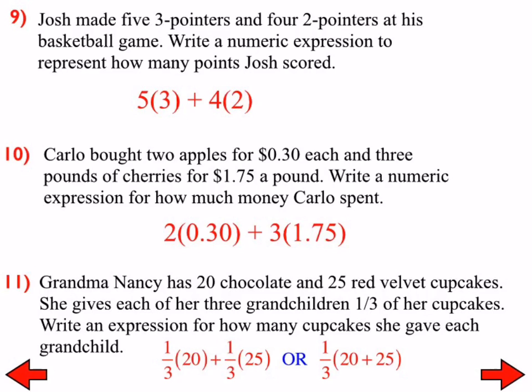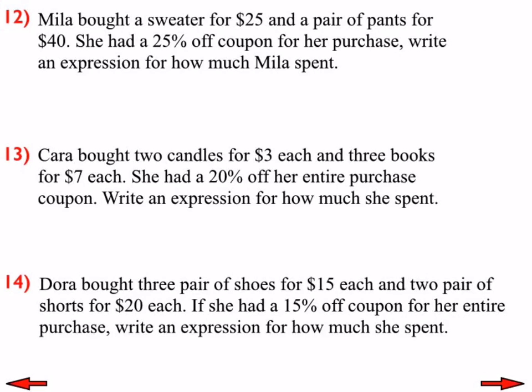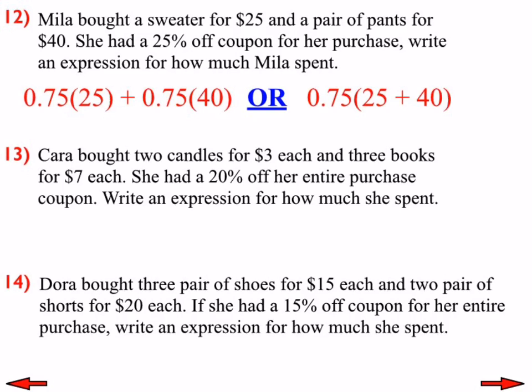Number 12, we have a sweater for $25 and a pair of pants for $40, and they have a 25% off coupon. If there's 25% off, that leaves 75%. So here's one way of writing the expression, and here is another way of writing that expression, similar to what we talked about today.